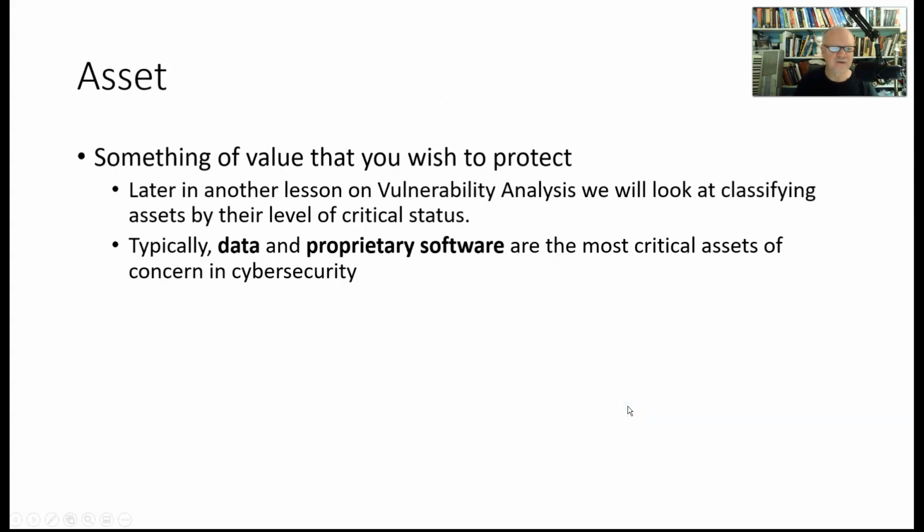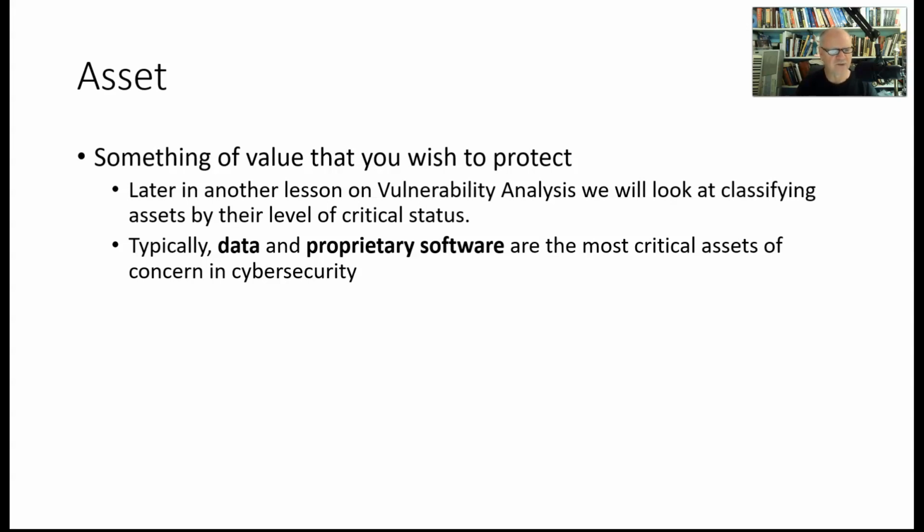The asset is simply something of value that you wish to protect. Now, later on, as we go into risk assessment, vulnerability analysis, things like that, we'll look at how we categorize assets. We have very critical assets, we have non-critical assets. Typically, data and proprietary software are the most critical assets that we're concerned with because they're irreplaceable.